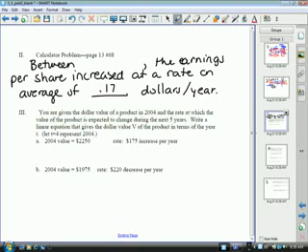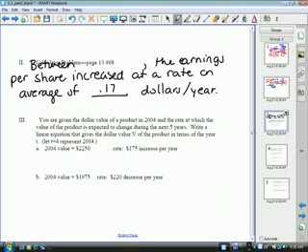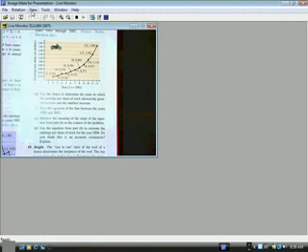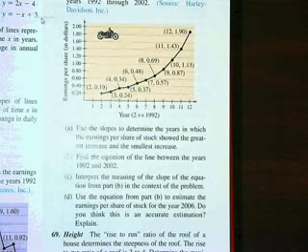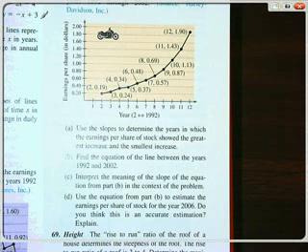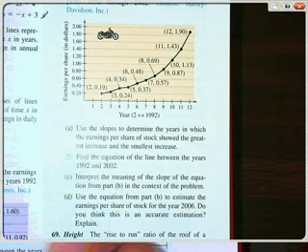All right. Now, right here is another way. I remember rule 3. Oh, then we have a D part here. Let's go back to that. All right, on the D part, use the equation to estimate for 2006. So you had an equation, right?